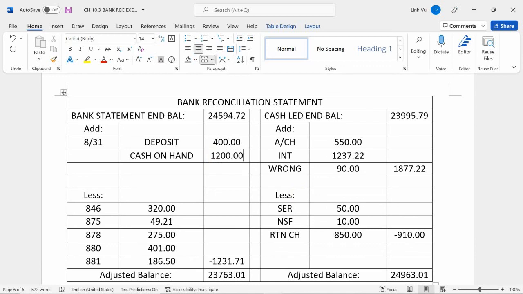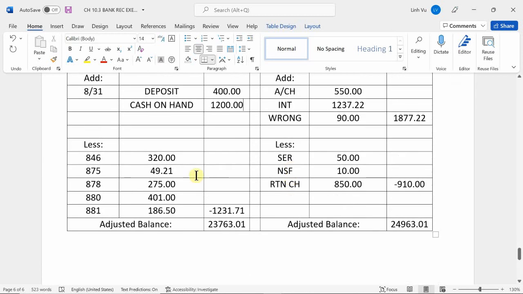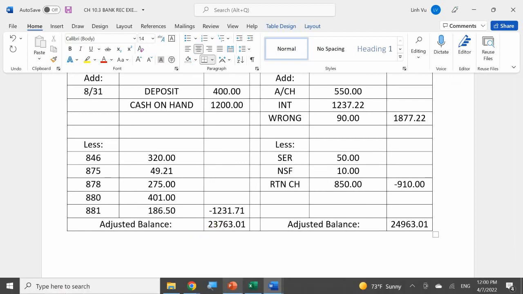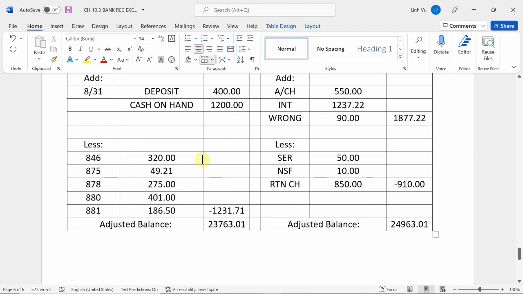So add $1,200 to your ending balance, and what do you get? 37 plus 12 is going to give you 49. Now let's take a look.